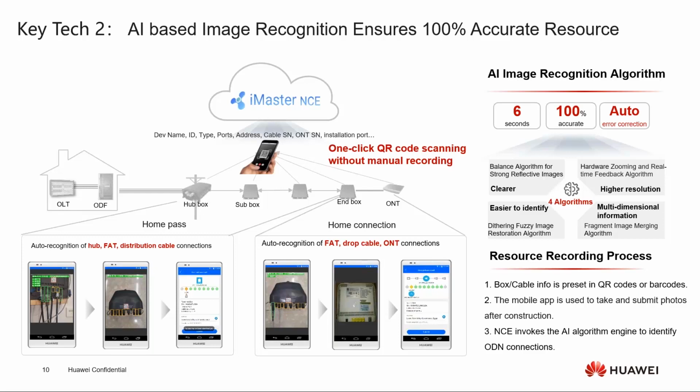Then we can easily and accurately recognize FAT's ports and cable's ID to get the whole connection relationship automatically by NCE. Full AI algorithms help image recognition quickly and accurately in different scenarios. Now image recognition has been delivered. Mr. Cecil will share some details later.